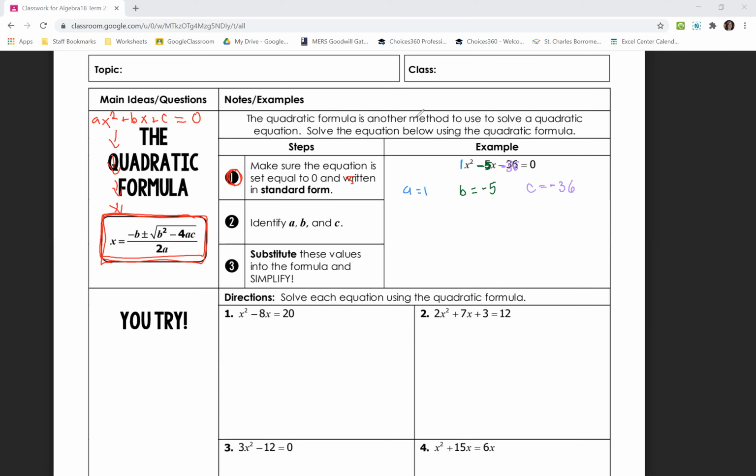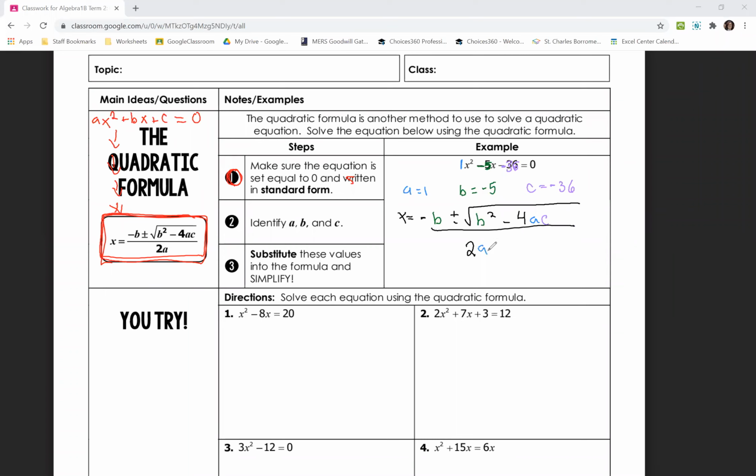I've got X equals negative B, plus or minus the square root of B squared minus 4AC, all over 2A.